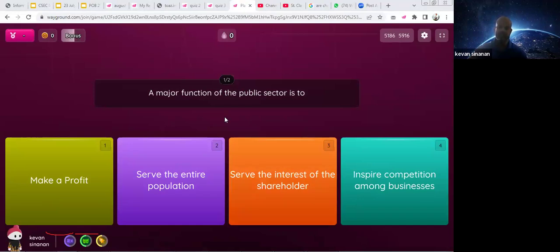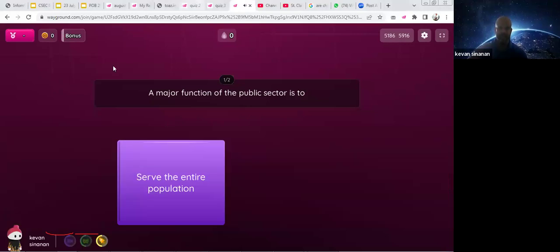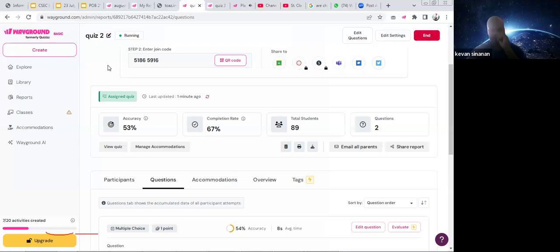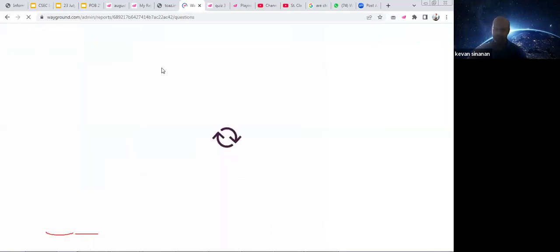It's definitely not to serve the interests of the shareholders, right? But it is to serve the entire population. Half of you got that one correct, and half of you didn't.